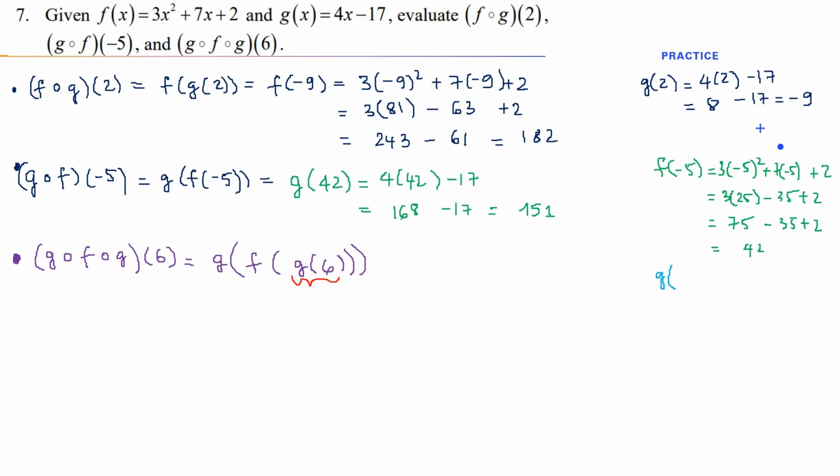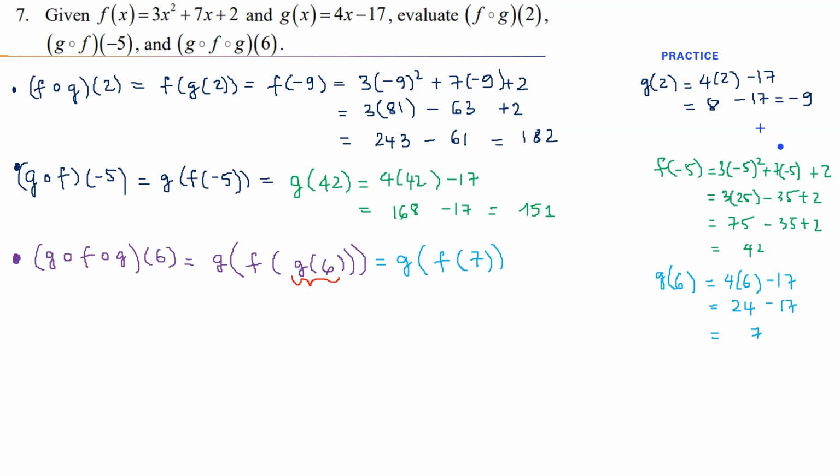So g of 6 will be equal to 4 times 6 minus 17. That is 24 minus 17. That will be 7. Now we rewrite it as g of f of 7.